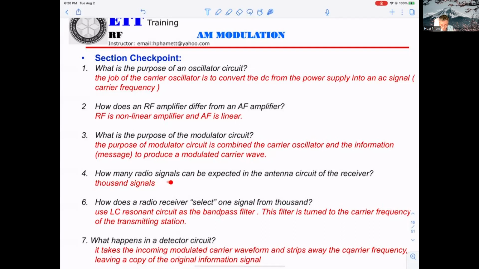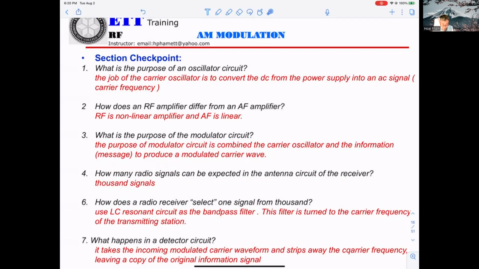How many radio signals can be expected in the antenna circuit of the receiver? The answer will be 1,000, too many. Number 6, how does a radio receiver select one signal from 1,000?